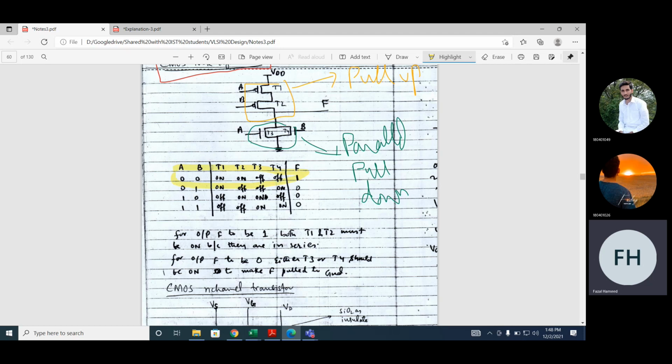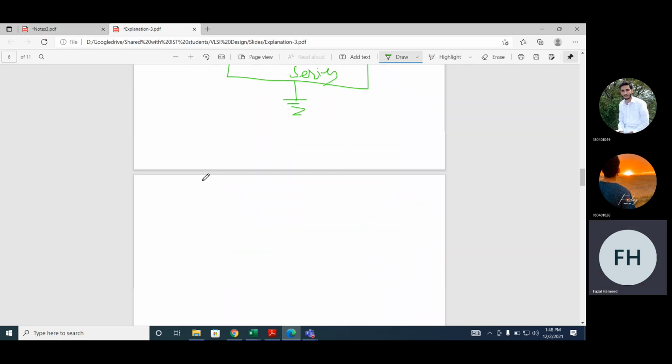Why PMOS? It provides a strong 1. And NMOS provides a strong 0. Let's think of a scenario. I will explain this with an example. Let's assume that we have VDD here.